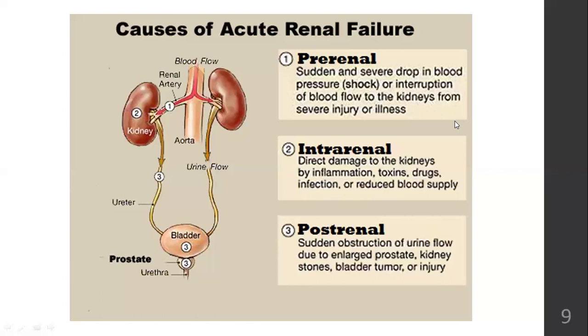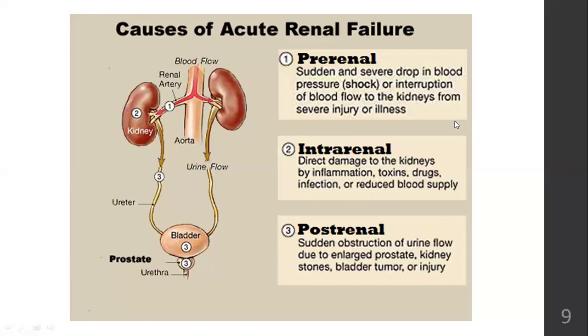That is the pre-renal cause. Intrarenal cause: now direct damage that happened to the kidneys, either there was inflammation, persistent inflammation, some toxins and certain drugs, or infection. Even substance abuse, if people are getting high on specific substances like cocaine, meth, these can also cause renal failures.